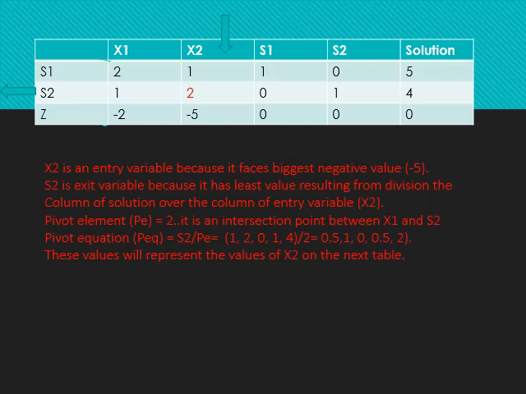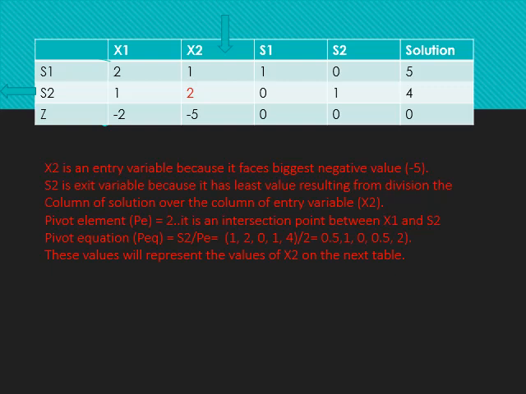That's why it is considered the entry variable. S2 is the exit variable, or pivot row, because it has the least value resulting from the division of the column of solution over the column of the entry variable.